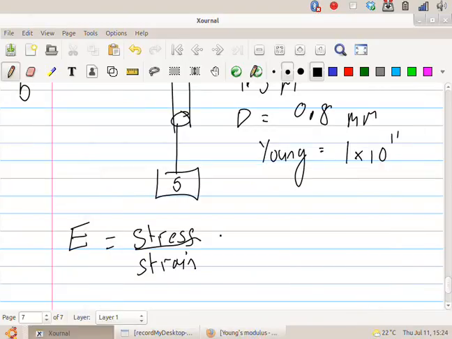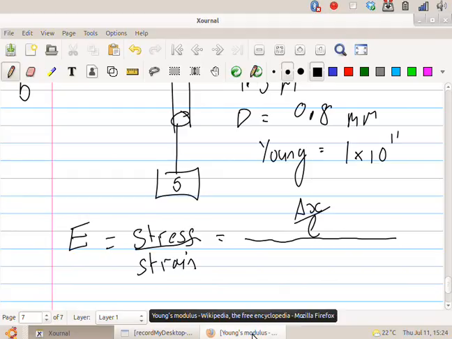Now, do you remember what each one is? Stress is length over extension. The other way around. No, the extension over length. And what's the strain? Load over effort. No. It's force over area.